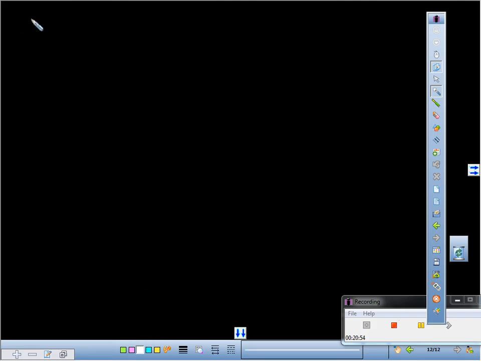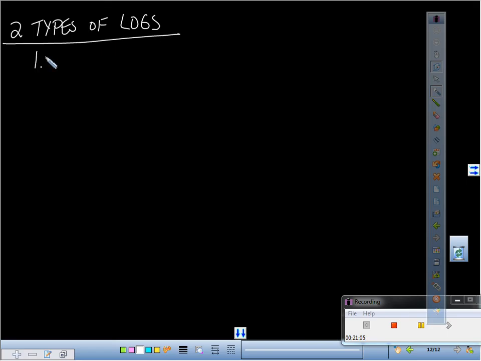All right. Write this. 2 types of logs. The first one is called a common log. The common log has a base of 10. Did any of those problems that we just did have a base of 10? No. It doesn't have to be written.